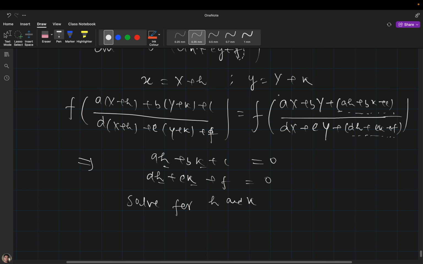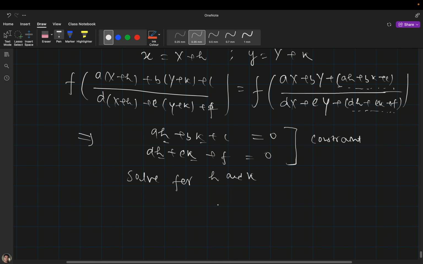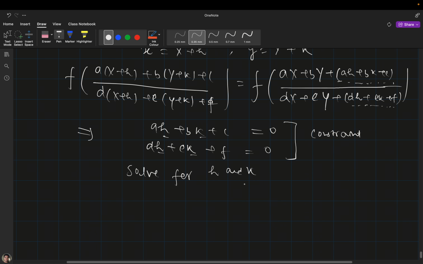Then you can see that the whole expression becomes homogeneous, and I will treat this as a constraint. Then I will solve for h and k, and later substitute the h and k values in the differential equation.